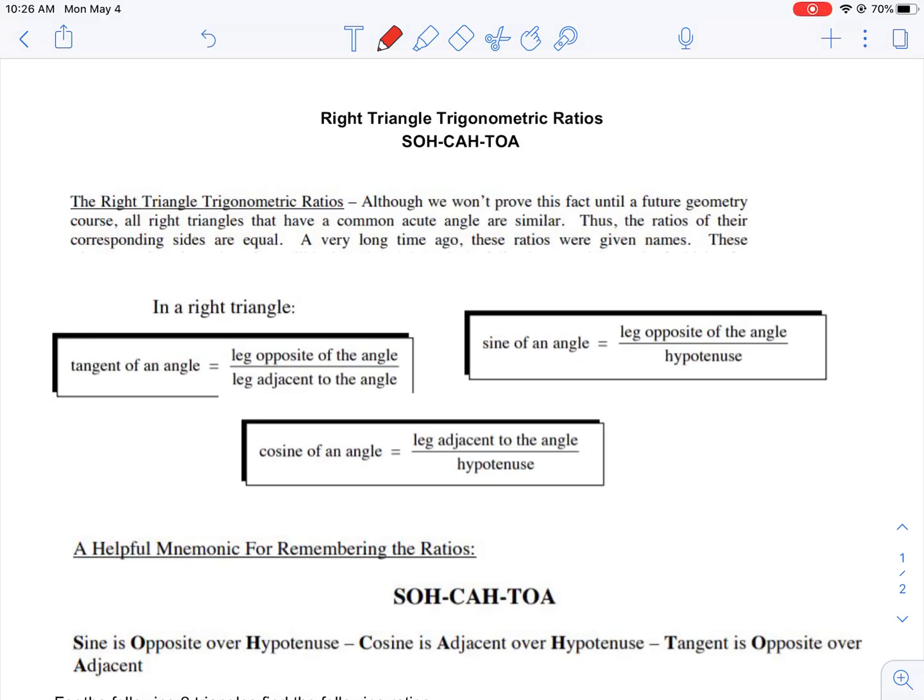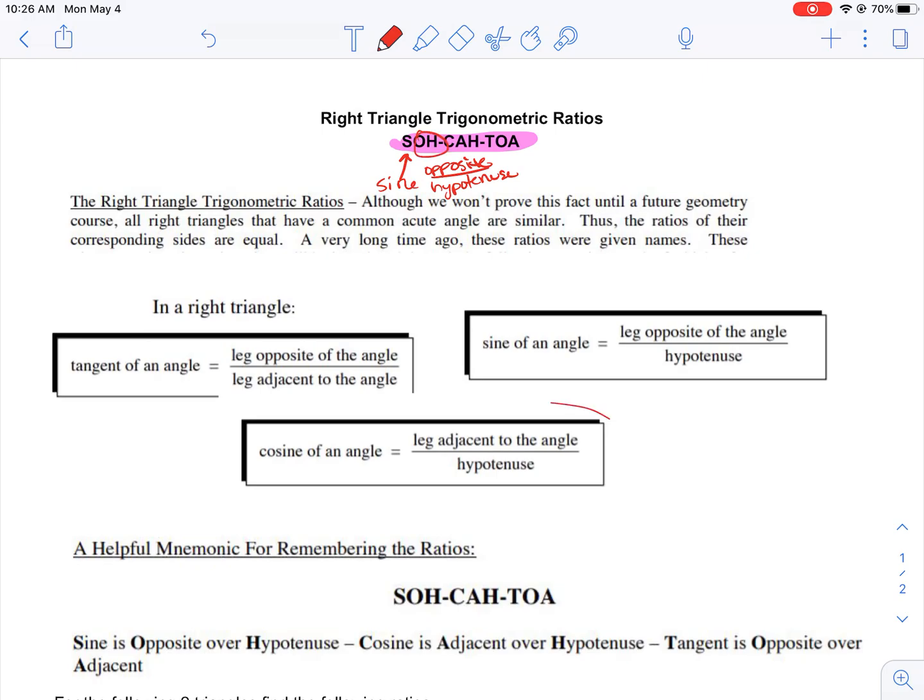Okay, so I wanted to show you guys this practice, this notes page, as you were working this week on right triangle trigonometric ratios. We like to say that that is called SOH CAH TOA. That's our way of remembering sine. Sine is opposite over hypotenuse, and that's why we use those letters O and H, opposite over hypotenuse.